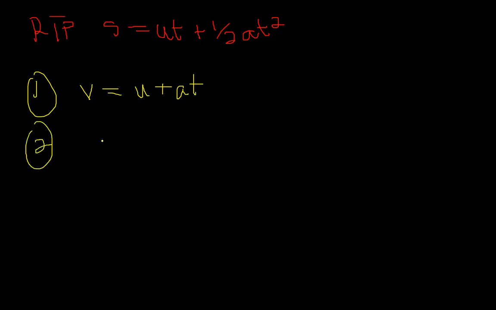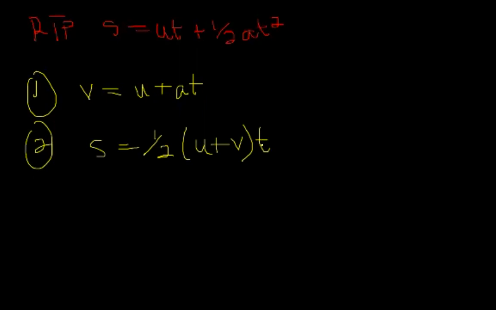The second one that we just proved, S is equal to a half U plus V by T. How exactly am I supposed to use these two to get this? Using my second one first, I'm simplifying it a bit, right? So S is a half.